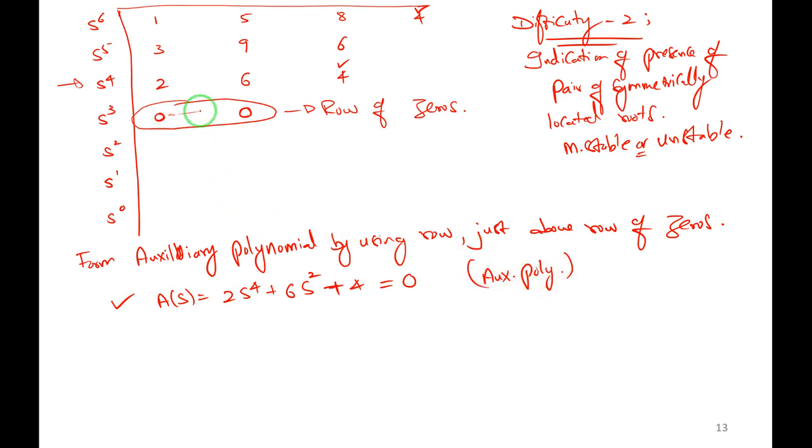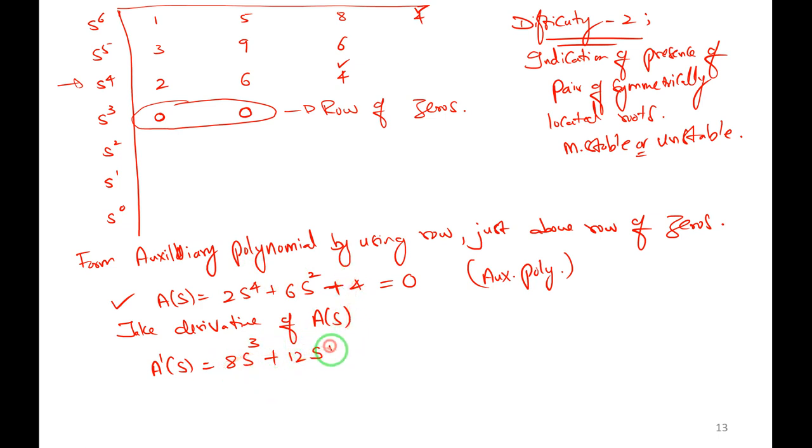Then next, how to fill up? I want to avoid this row of zeros and fill something here. So take the derivative of this auxiliary polynomial. I have not told you the steps; I am doing it through this problem and telling you the steps directly. A dash of s is equal to 4 into 2 is 8 s cube, and 6 into 2 is 12 s. The constant will be 0.